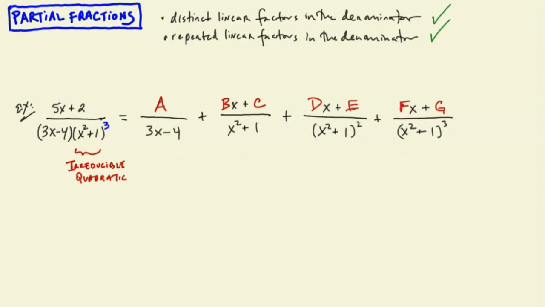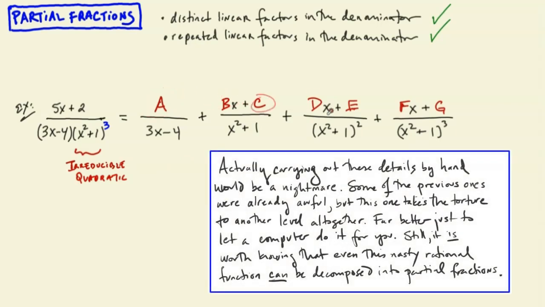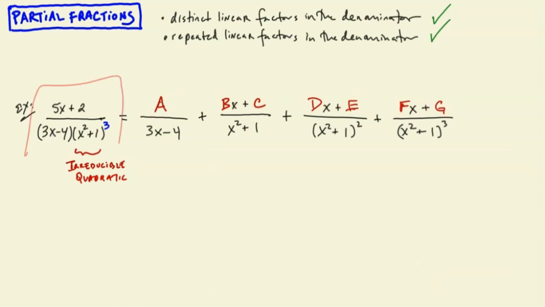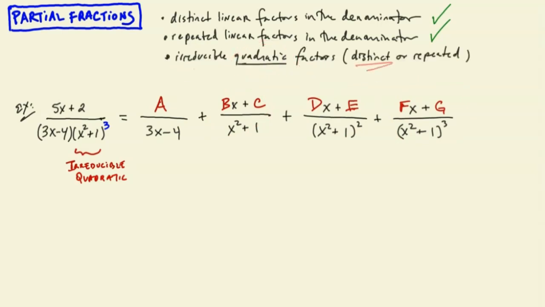And after working out the details, you will figure out what those various constants must be, so that if you need to integrate this guy, you can reduce that to integrating each one of these four terms, which are much easier to handle. So now you know how to cope with irreducible quadratic factors, distinct or repeated, in the denominator.